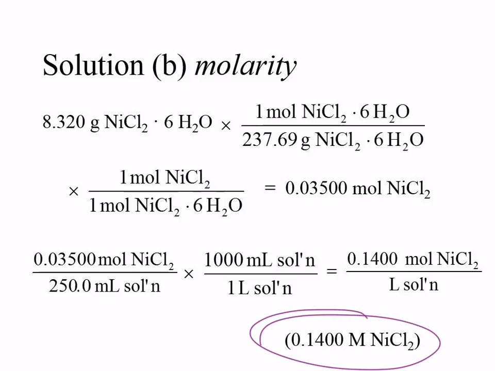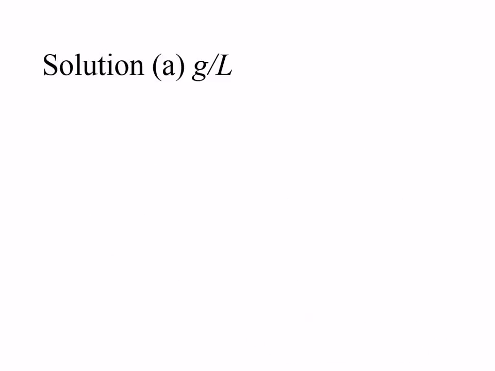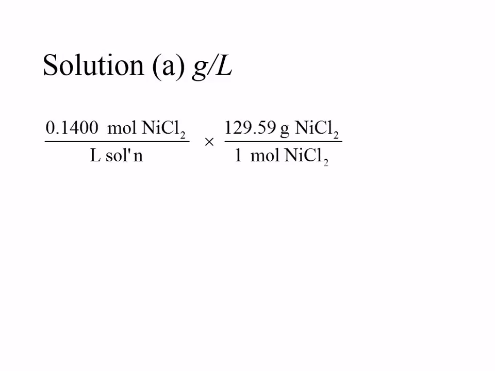So as was the case before, I'm going to piggyback on that. That's moles of NiCl2 per liter of solution, and the A says grams per liter solution. So if I introduce the molar mass of NiCl2, which from a few slides ago, we said the molar mass of the anhydrous salt was 129.59 grams per mole. Now I have 0.1400 moles NiCl2 per 1 liter of solution times 129.59 grams of NiCl2 over 1 mole of NiCl2.